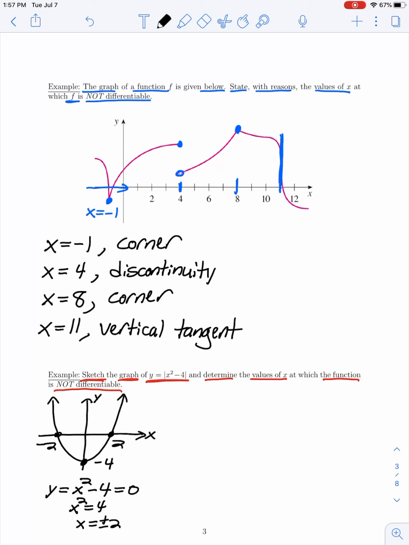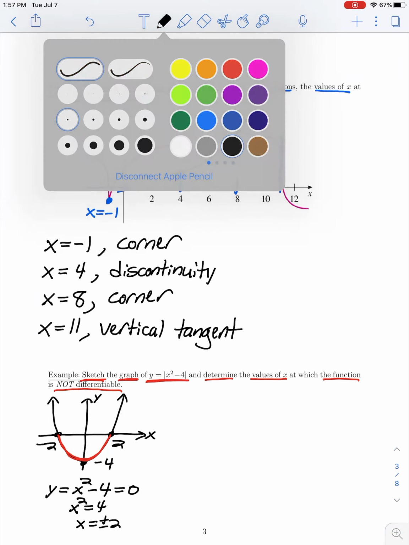Now, how do we get the graph of the absolute value of that function? Well, let's think about what the absolute value does. It takes any number which is negative and makes it positive. So geometrically, any part of my graph which falls below the x-axis, these negative values for y, would become positive y values.